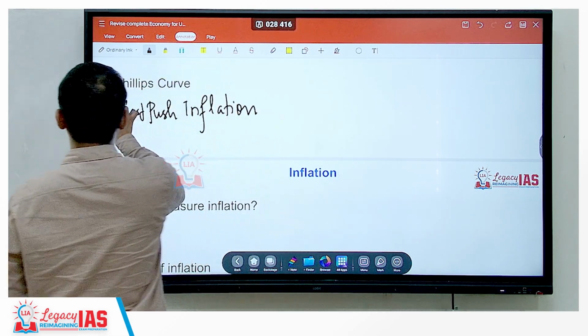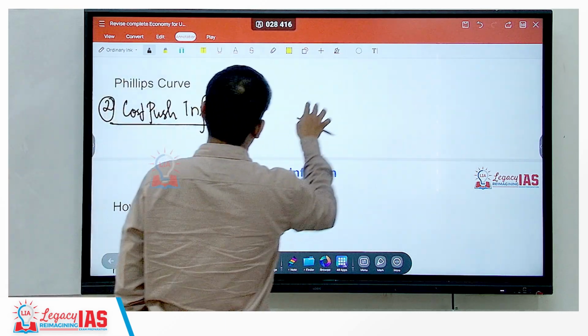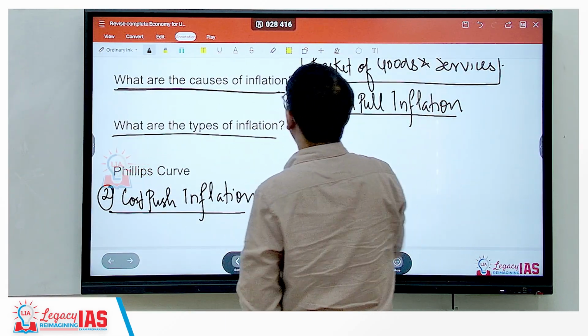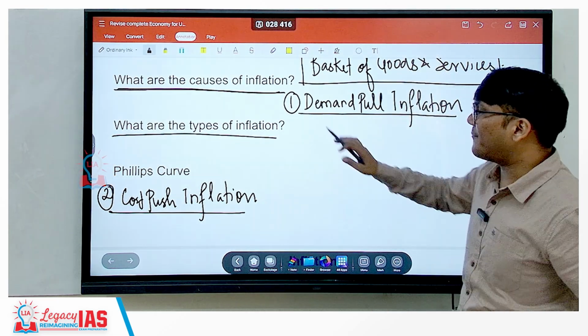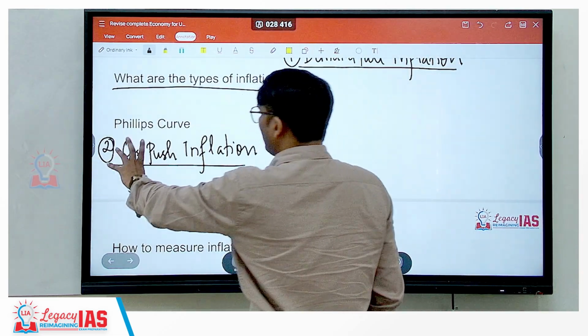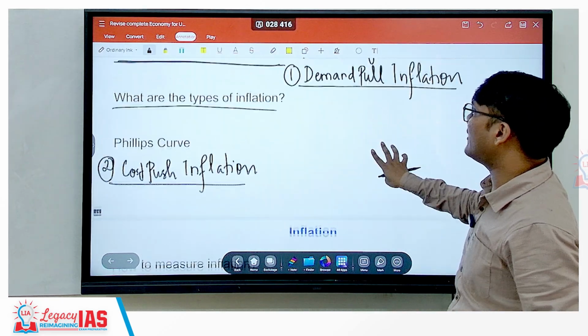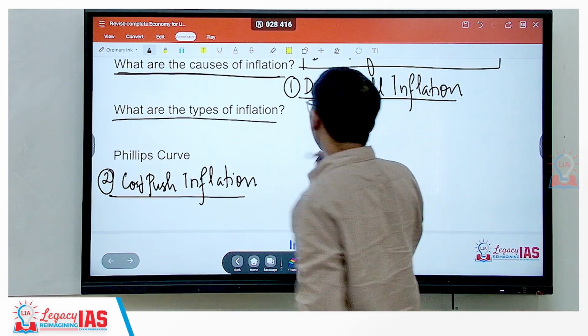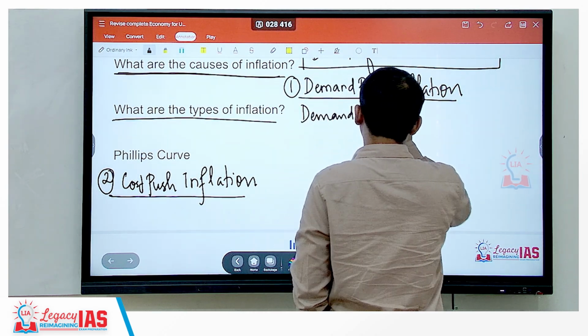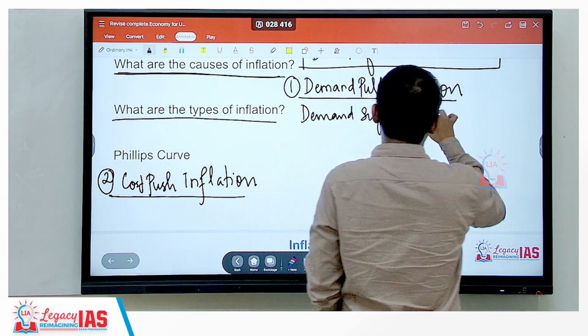Demand pull inflation and cost push inflation. It is very clear the first one is happening due to the increase in the demand, the second one due to the increase in the cost. So let us understand how. This first one is due to the demand supply mismatch.